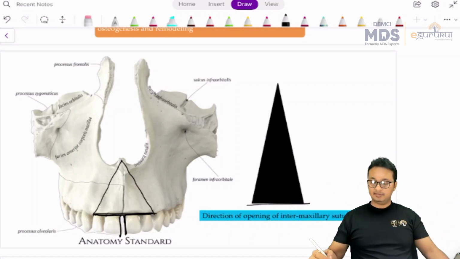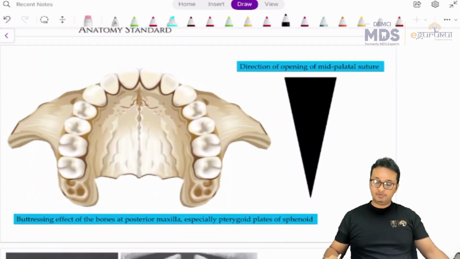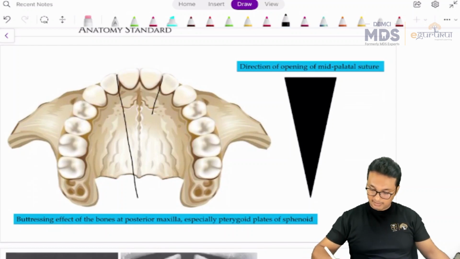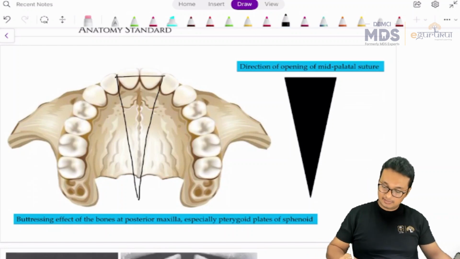So that's why this diagram shows the direction of opening of the intermaxillary suture, which is pyramidal in shape with the base at the alveolar part of the maxilla. Similarly, if you look at the transverse aspect of the maxilla, whenever forces are applied, the maxilla opens in a fan-shaped direction with the base at the incisor teeth.